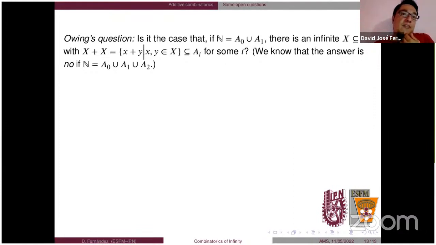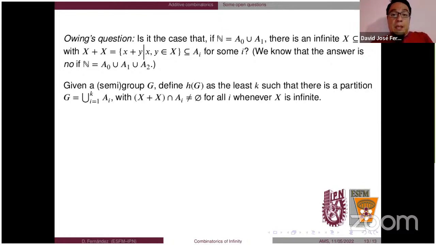And then people have also turned to look at uncountable versions of this. So given a semigroup, typically a group, but every now and then a commutative cancellative semigroup will do, like the case of the natural numbers, you can define h of G as the least k such that the corresponding Ramsey theoretic result fails, such that there's a partition with k pieces.